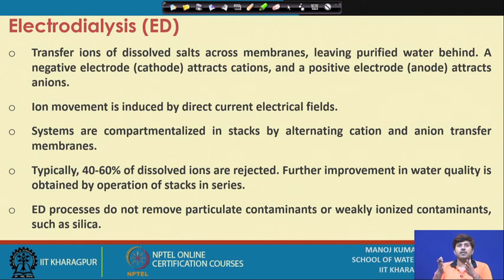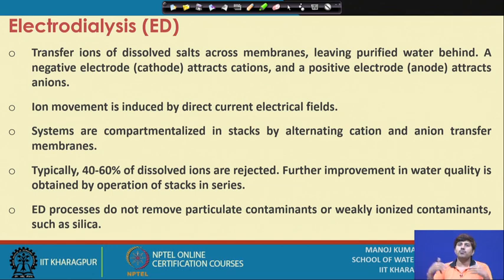There would be a cationic membrane and an anionic membrane. Depending on the type of membrane, it will allow either just cations or just anions to pass through. If it is passing cations, it will retain all the anions, and if it is passing anions, it will retain all the cations. Then we place two electrodes, one positive and one negative, on either end to attract these ions.